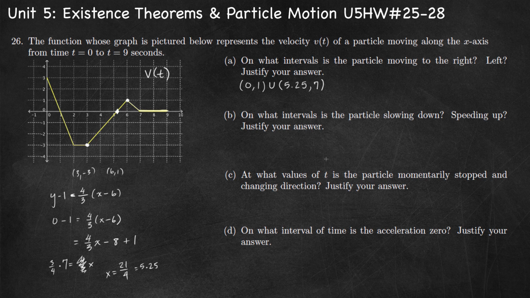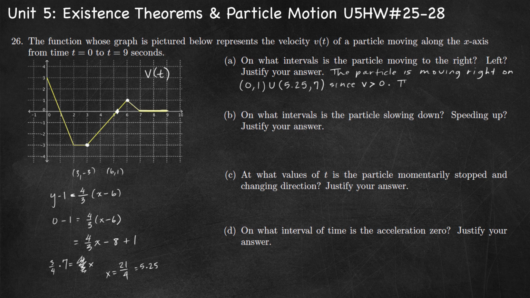And justifying our answer, I have to indicate direction. Okay, so moving right, so we'll just do it this way. The particle is moving right on the interval from 0 to 1, union 5.25 to 7, since v is greater than 0.